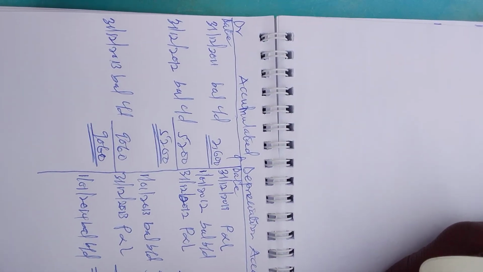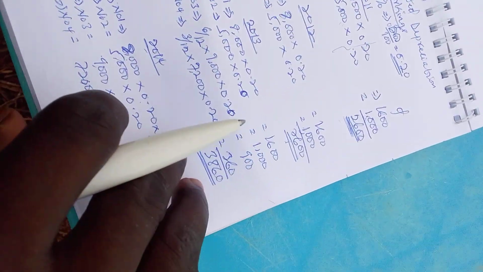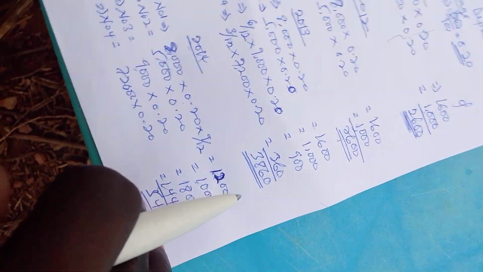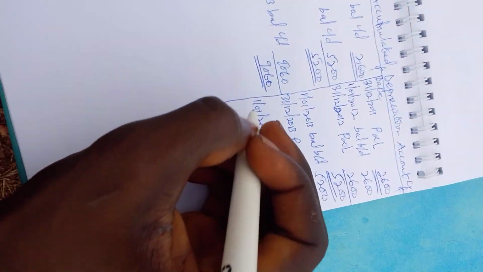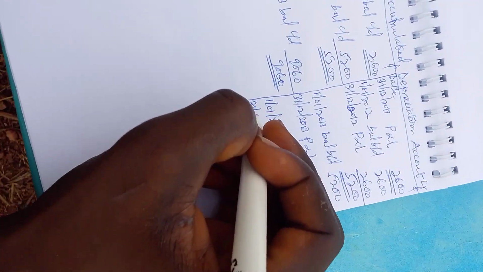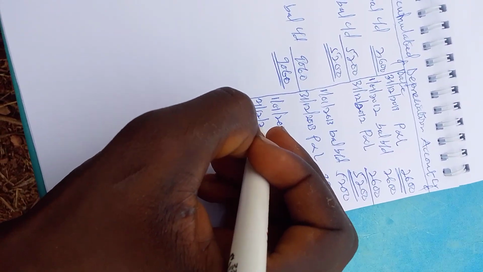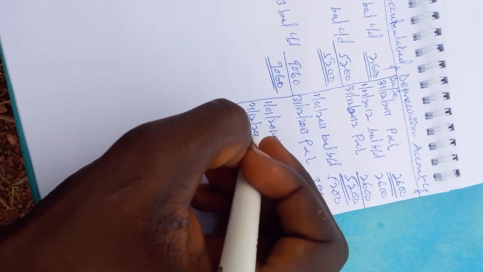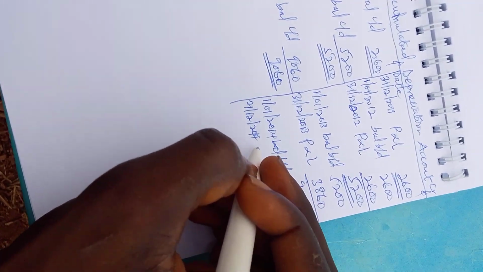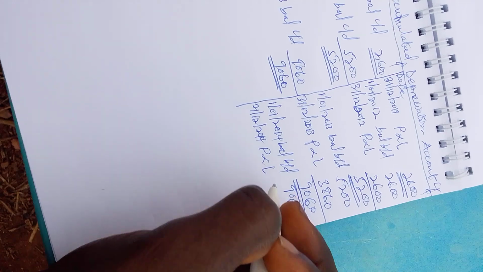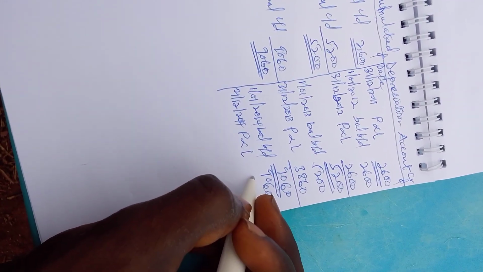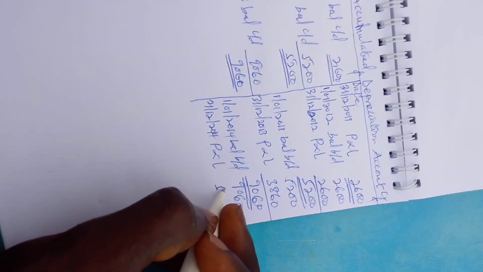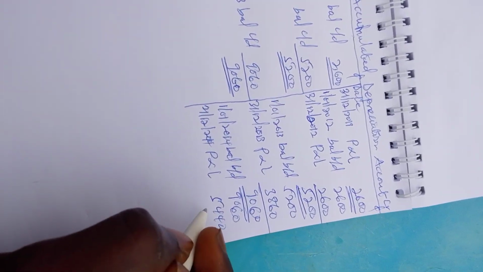In 2014, an accumulation was made, yes, which was 5,440. So 31st December 2014 profit and loss, that was 5,440.